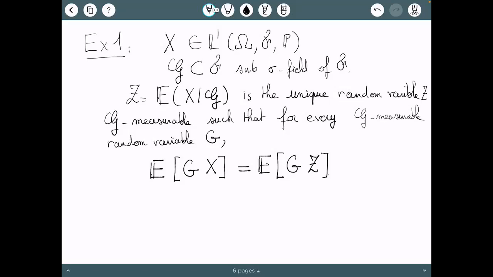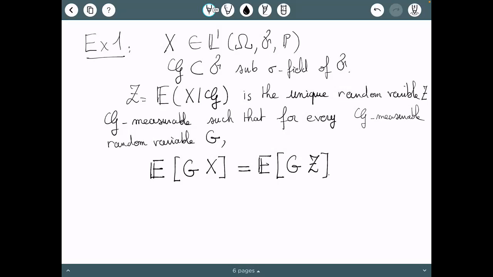If we had finite values, it would be the expectation of X when G is equal to small g, divided by the measure of G equal to small g.